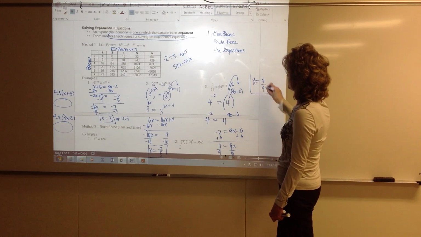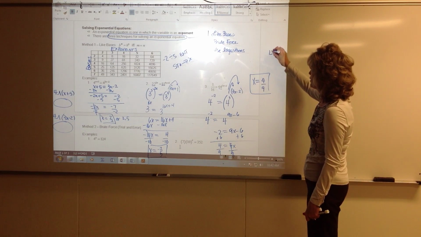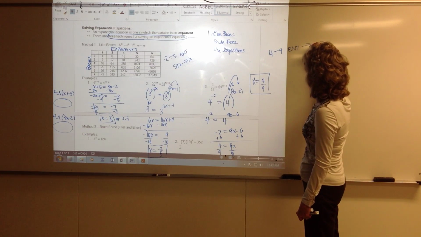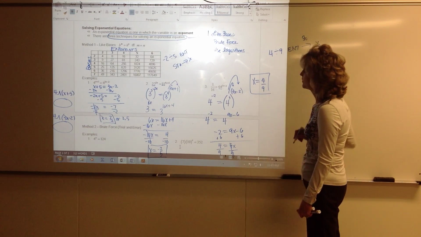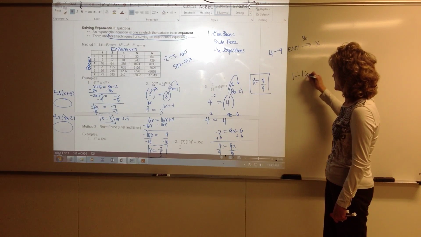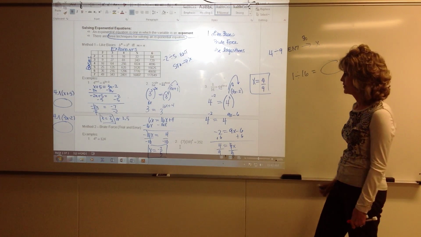I want you to check it. Do 4 divided by 9, enter, then store as x. Type 1 divided by 16. Leave that on your calculator.